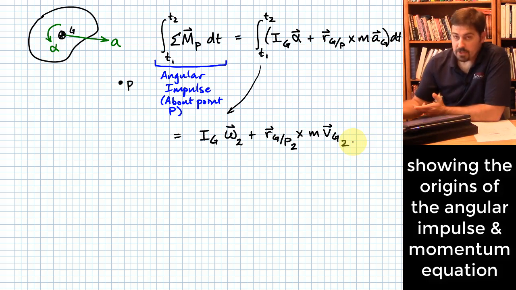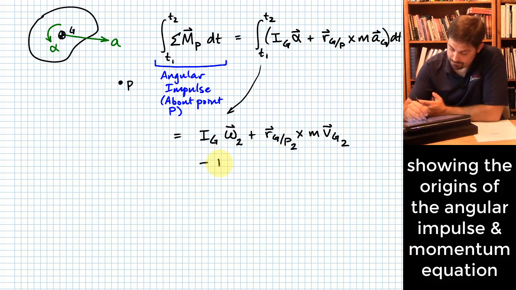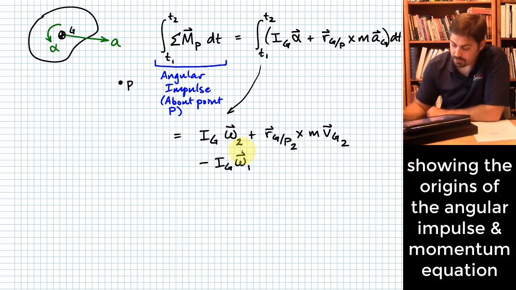Then you take that and subtract where you started, as in an initial Ig times omega 1. You'd also subtract your initial state with respect to this velocity as well. Oh, that should be a 1.